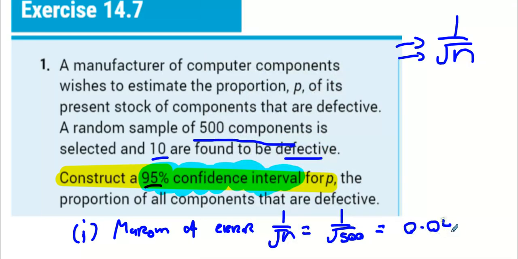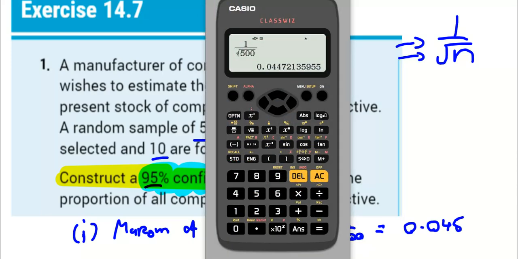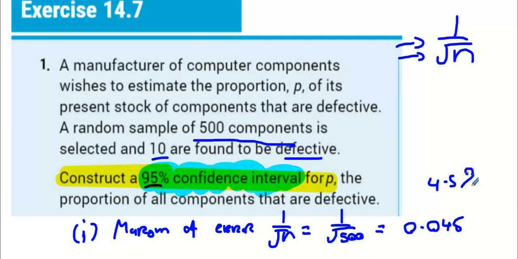Now what is 0.045 if you were to change that into a percentage? You just multiply it by 100 and it converts it back into a percentage. It's 4.5%. Is that okay? So that's your error, so to speak. That's your margin of error.